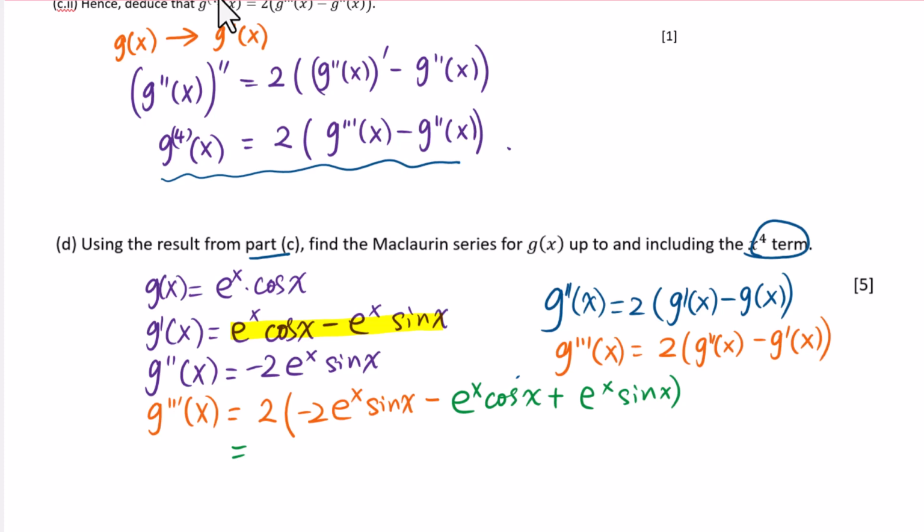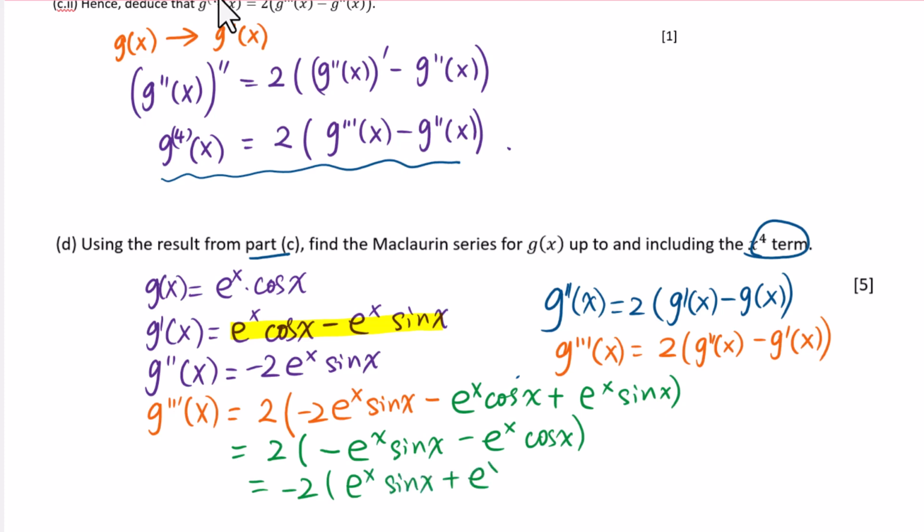Combine like terms. 2 times negative e to the x power sine x minus e to the x power cosine x. Simplify. Negative 2 times e to the x power sine x plus e to the x power cosine x.